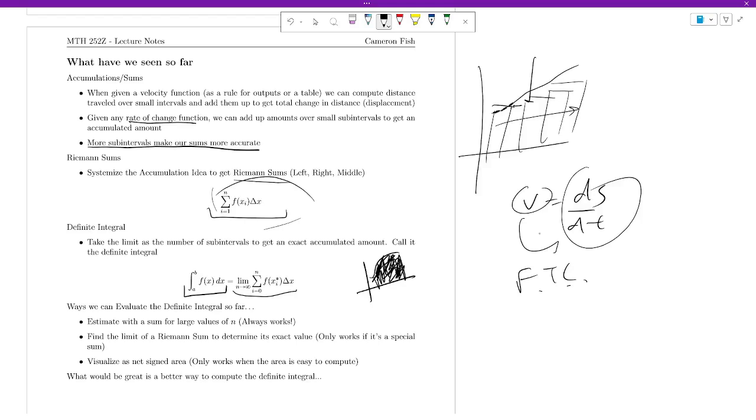A big part of this class is going to be evaluating things that look like this. So far, we know how to find the limit of the Riemann sum, which is the long example we did earlier today. It's kind of hard, and it only works if it's a special sum. We really relied on those formulas, and the algebra had to work out.